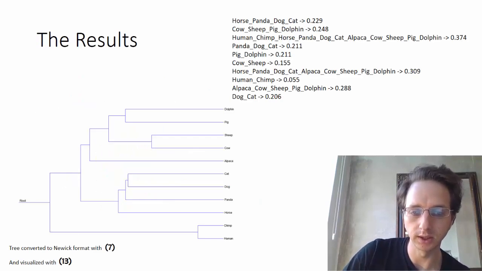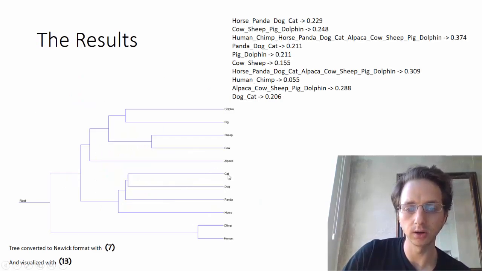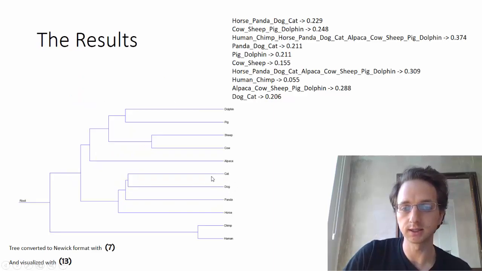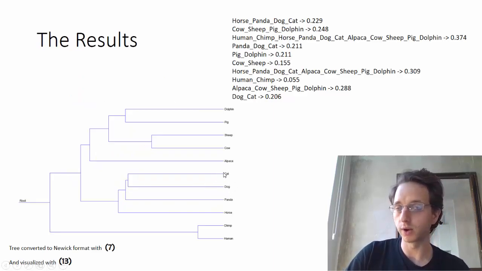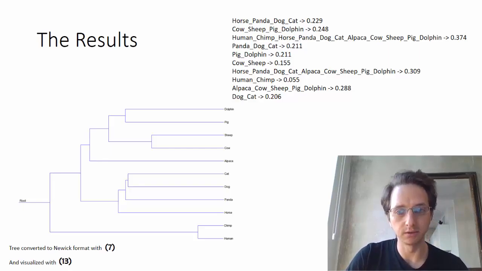So for example, here I have the cat and dog as the most closely related species in this clade, and Phylip does too when it doesn't randomize the input. But when it does randomize the input, it finds that the dog and the panda are actually more closely related and then have a common ancestor with the cat.